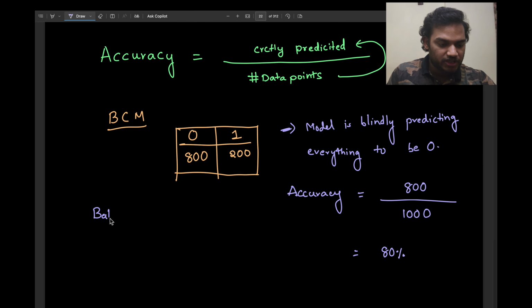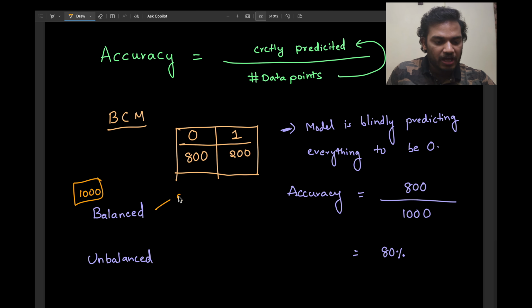Basically, there are two kinds of data sets: balanced and unbalanced. Let's say I'm having 1000 points. Whenever we have 500 and 500, we can say balanced, or 550 and 450, or even 600 and 400, to some extent we can say it is balanced.